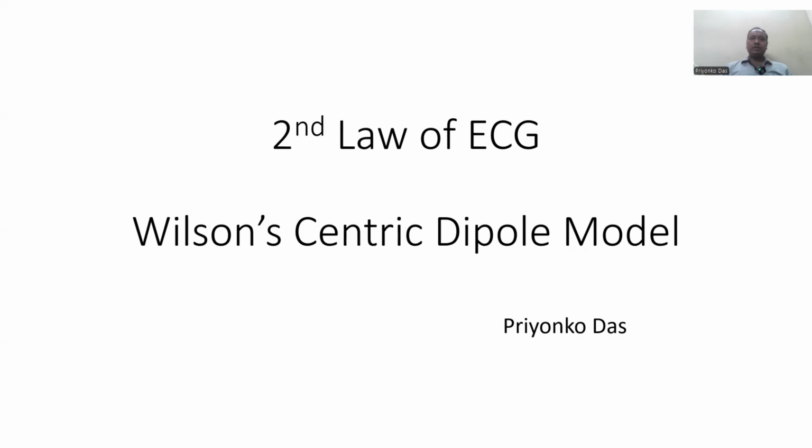There we saw that, as per Einthoven, at the center there was a single dipole acting at an angle alpha with respect to the horizontal reference direction, and we concluded that Einthoven's assumptions were wrong, though his law was one of the basic laws of ECG.